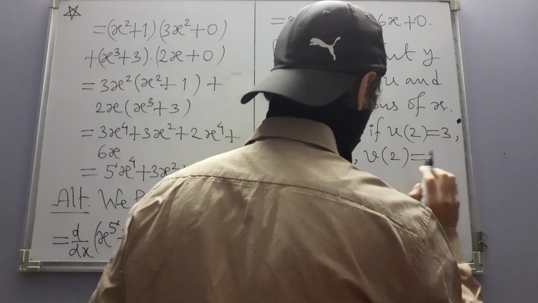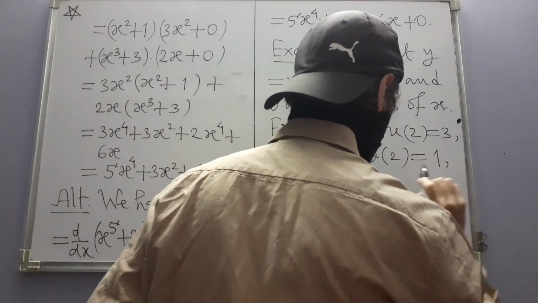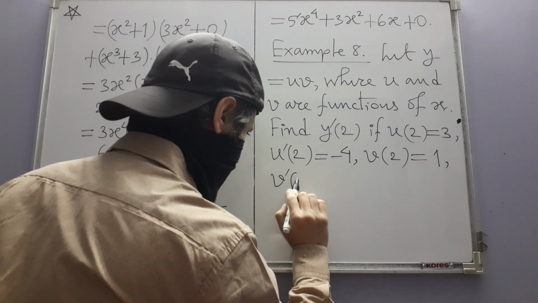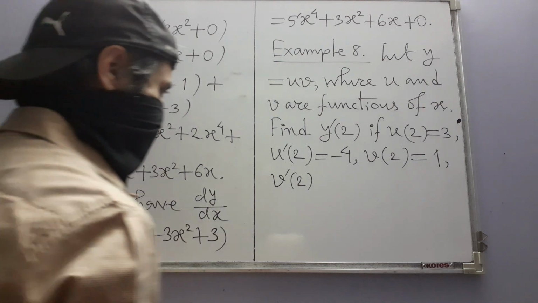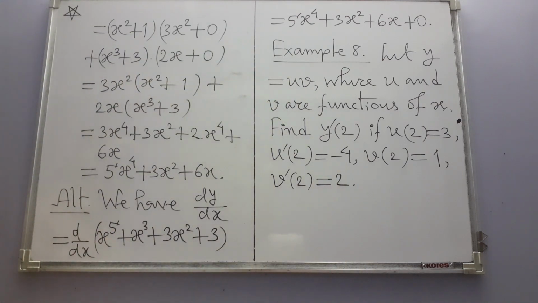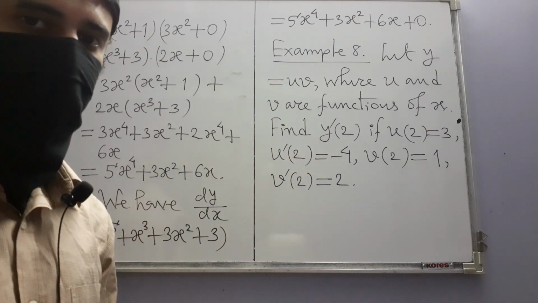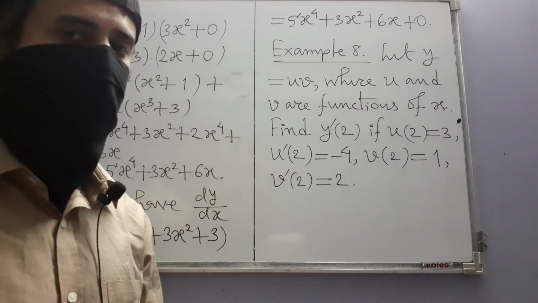Next, the value of v at 2 is 1. And finally, v has a derivative and its value at 2 is equal to 2. With all these things given, can we find the derivative of y at 2? Yes, we can, and in this case we have to use the product rule.